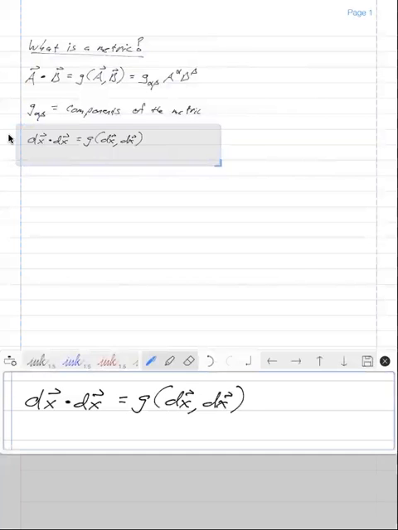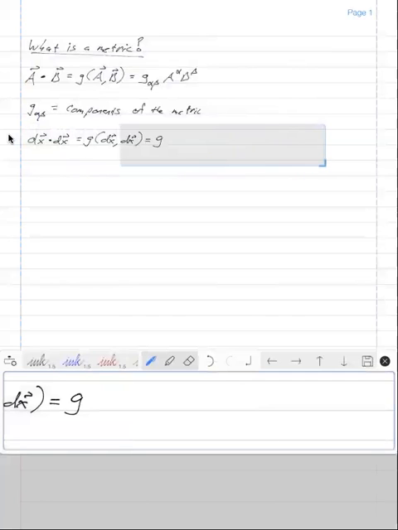And I'm going to restrict this conversation to the spatial coordinates right now, and we're going to ignore the time coordinate. And so we're going to use just Roman indices. And this is G_ij dx^i dx^j.